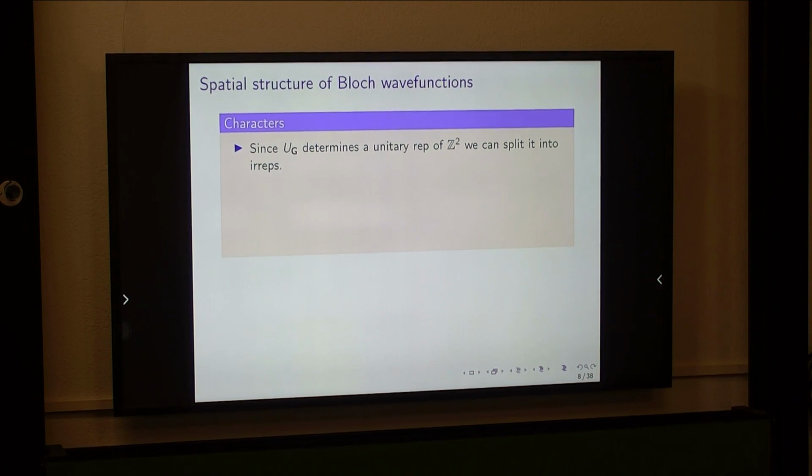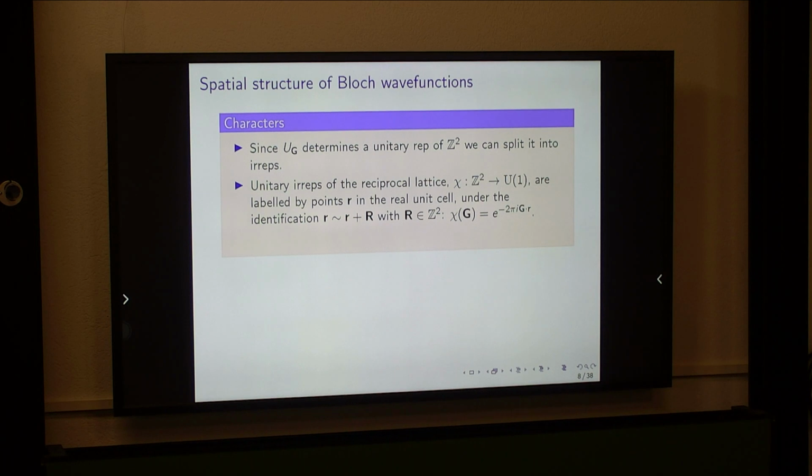So since U_G determines a unitary representation of Z2, I can split it into unitary irreps. And the unitary irreps of the reciprocal lattice are labeled by these characters, which are group homomorphisms of Z2 to U1.